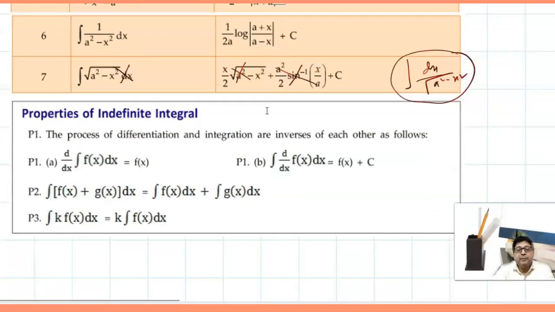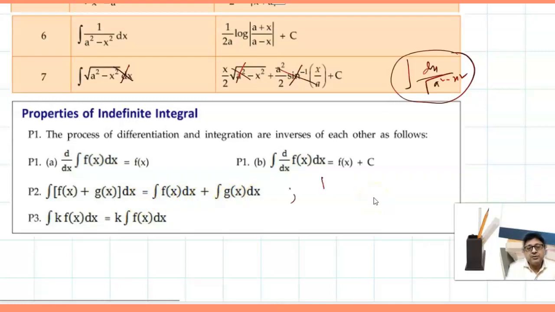Now, before we start our revision work, I would like to remind you that when you are integrating an indefinite integral, that will give a function plus a constant. A constant should always be there. And if it is f(x) plus g(x), a sum of two functions, it will be integration of f(x) plus integration of g(x).